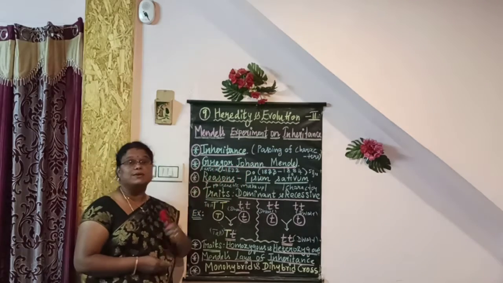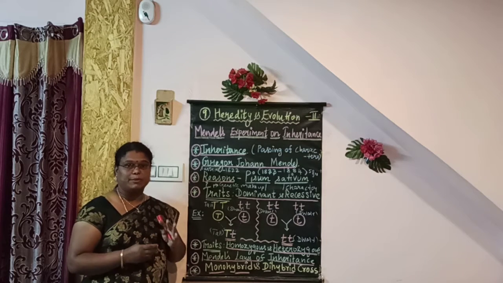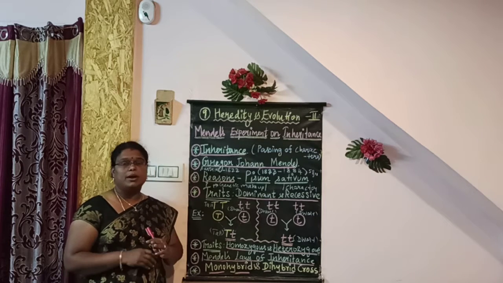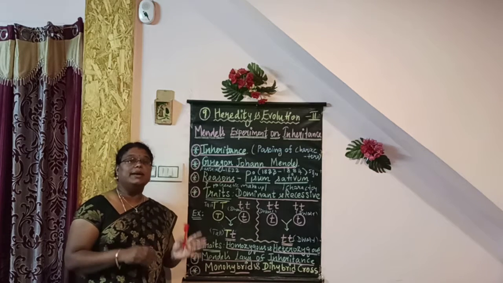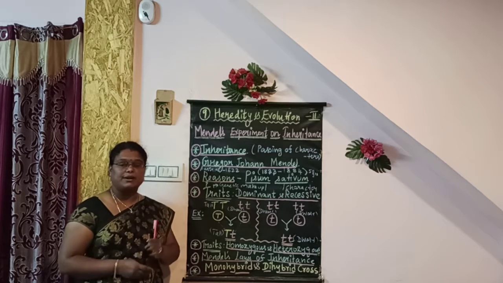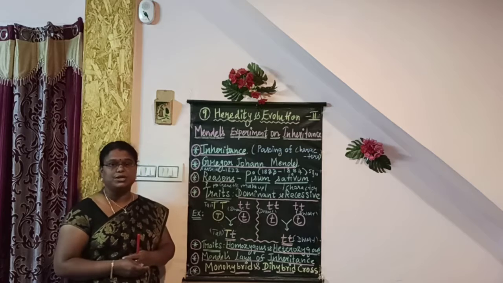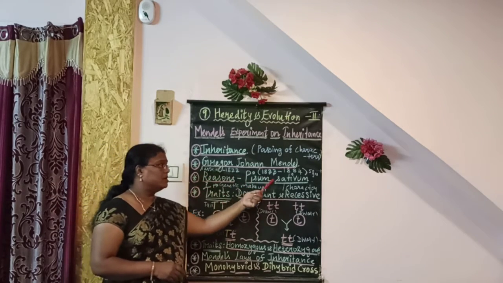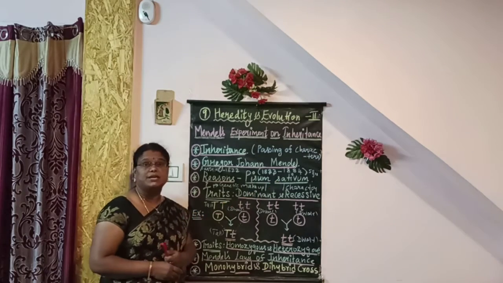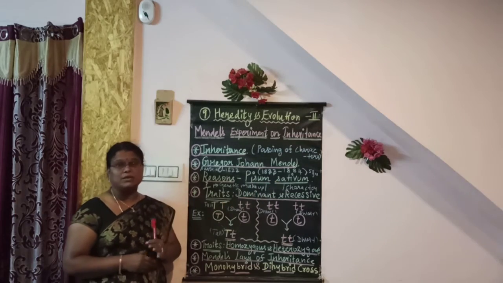Gregor Johann Mendel is called father of genetics because he contributed more and he did many experiments to prove the inheritance of characters from one generation to another generation. And next, reasons why Pisum sativum is selected by Mendel for his experiment.